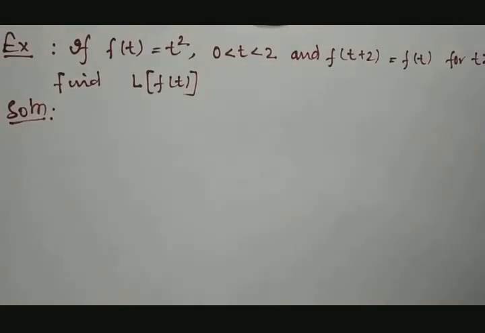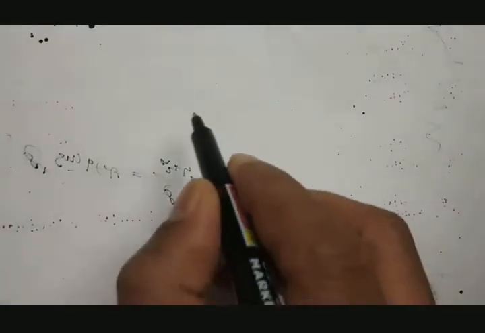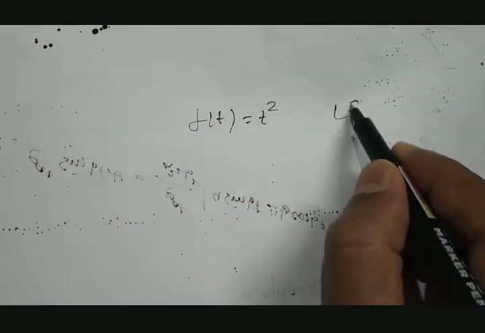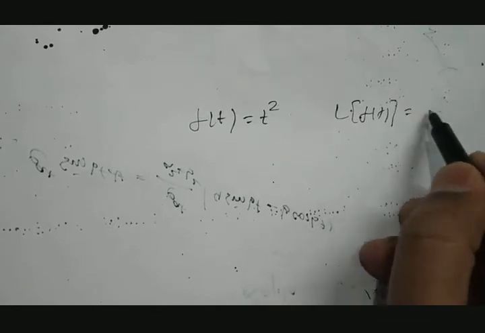T raised to n is equal to n factorial divided by s raised to n plus 1. There, if we have taken f of t is equal to t square, then we need to find the Laplace transform of f of t. Very simple.